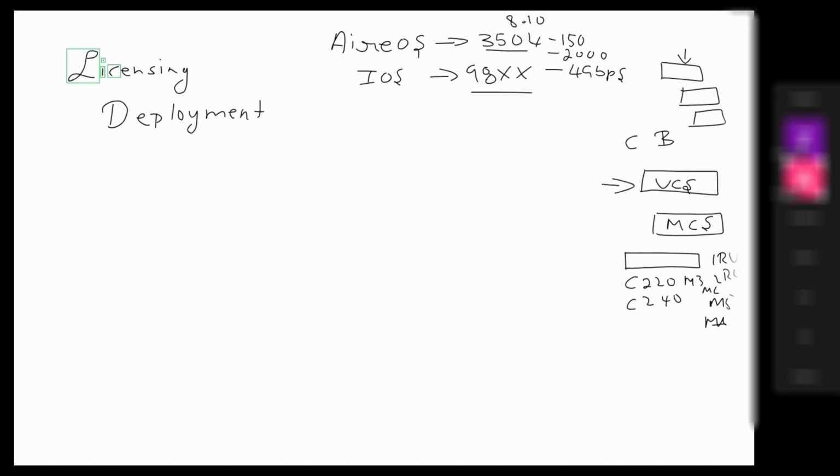So these are the servers that they use under the hood, but it is like the 9800. The 9840, 9880 or 9800L. Three flavors are there for that appliance model: 40, 80 and L. So under the hood it is the UCS server, the Unified Computing System, like C220, C240 servers only.